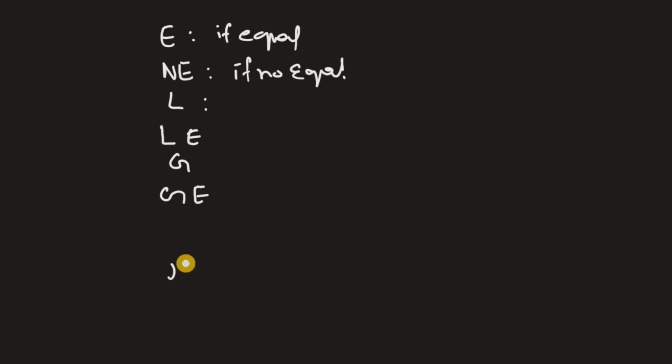So we can have something like this: jump to some label if equal. So you're going to jump to some label if it's equal. And BL, which means branch to some label if less than, and BEQ, which means branch to some label if equal.